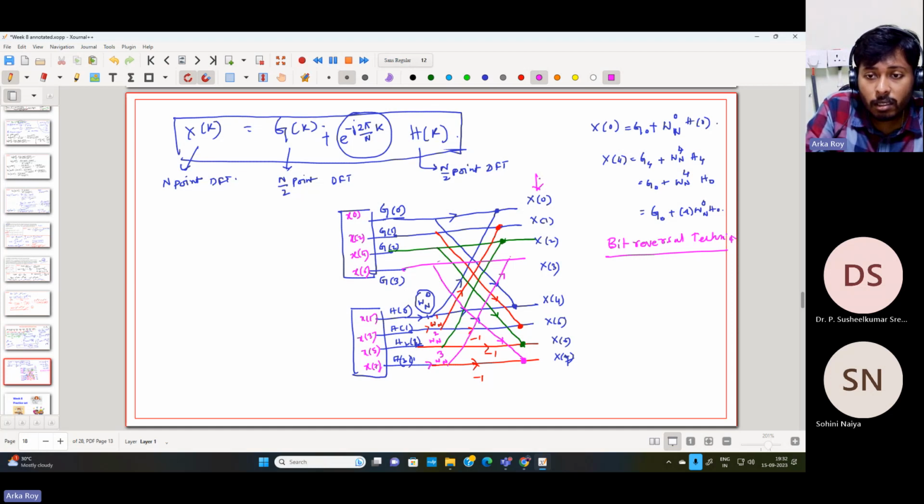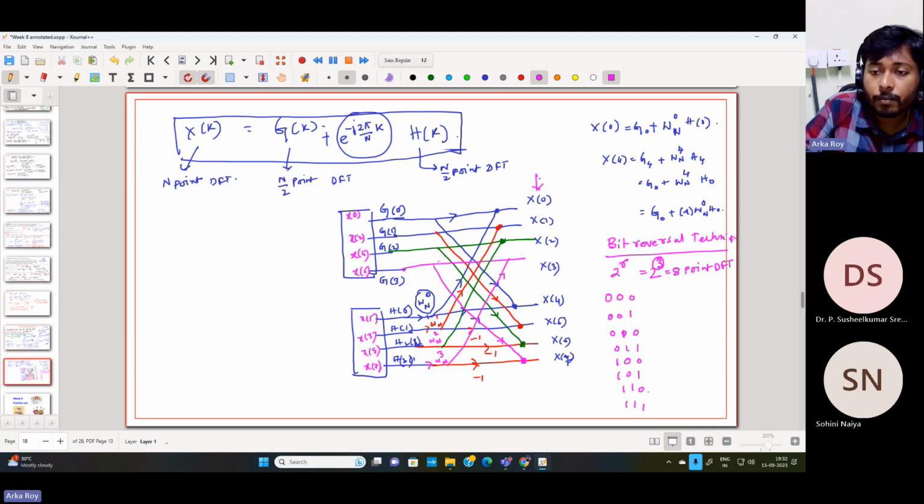The bit reversal technique applies if your radix is 2 to the power r. For example, in this case, we have 2 to the power 3 because we have an 8-point DFT case. So I can represent these 8 points using 3 bits. That means 000, 001, 010, 011, 100, 101, 110, and 111.